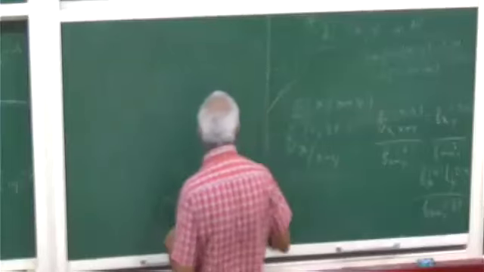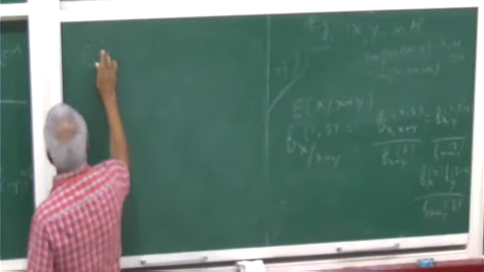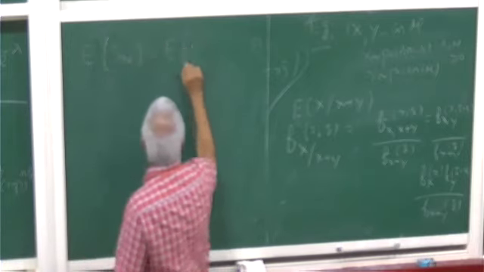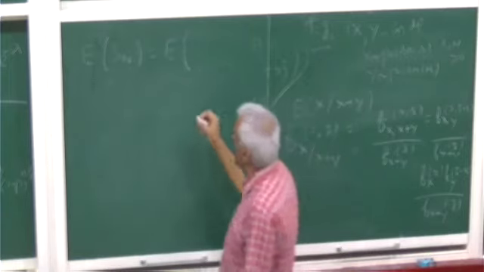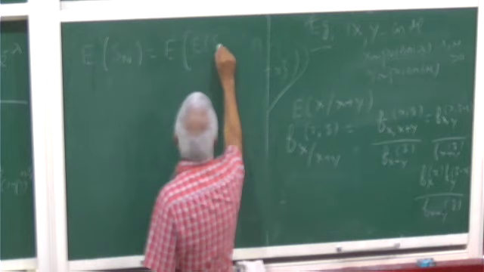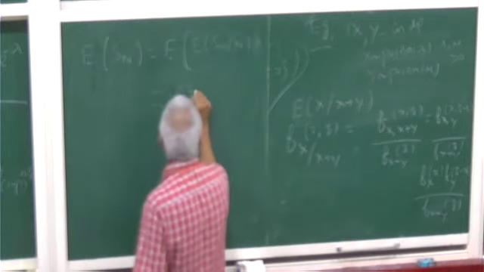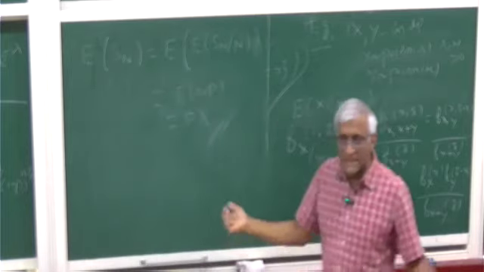Now we want to compute the expectation. Now it's clear how to compute it. Expectation of Sn is the same as the expectation of E of Sn given n, which is equal to the expectation of n times p, which is just p times lambda. Easy.